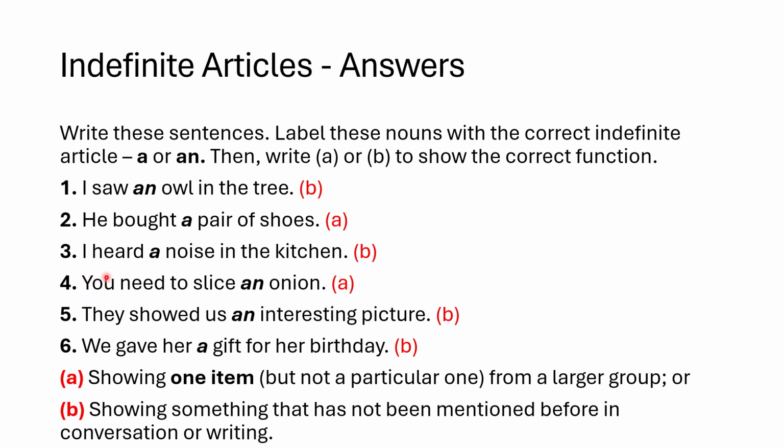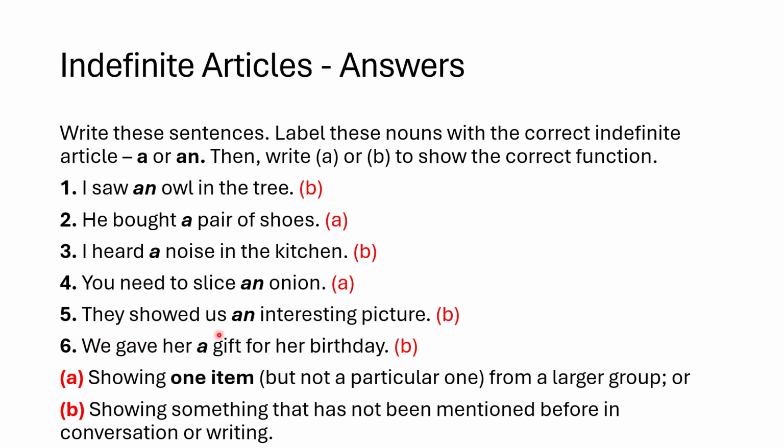3. I heard a noise in the kitchen. A is showing something that has not been mentioned before in conversation or writing. 4. You need to slice an onion. An is showing one item, but not a particular one, from a larger group. 5.